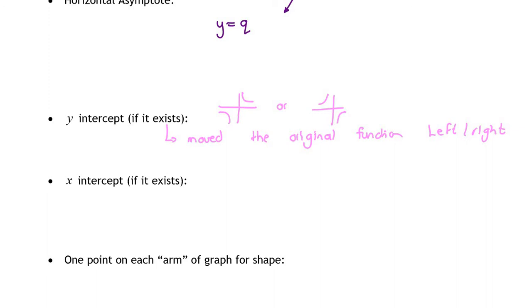If you don't, the graph doesn't cut the y-axis. Fortunately, you just let x be equal to 0, like we find every other y-intercept in the whole wide world. But don't be alarmed if we don't find a y-intercept, because if the graph didn't move left or right, the y-intercept doesn't exist. Similarly with an x-intercept, only if we move the graph up or down would the x-intercept exist.